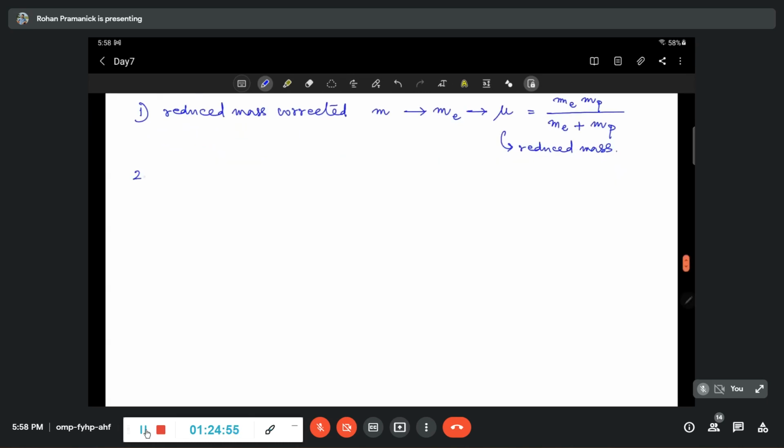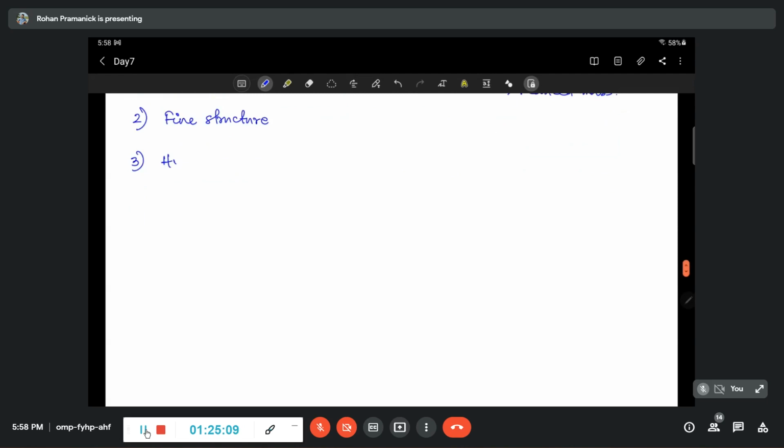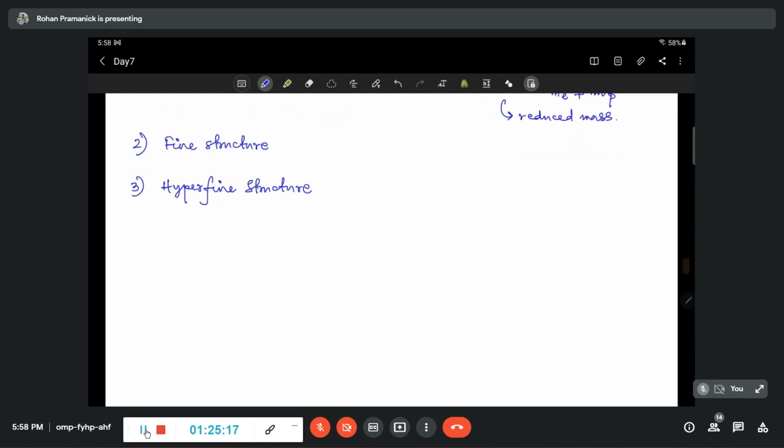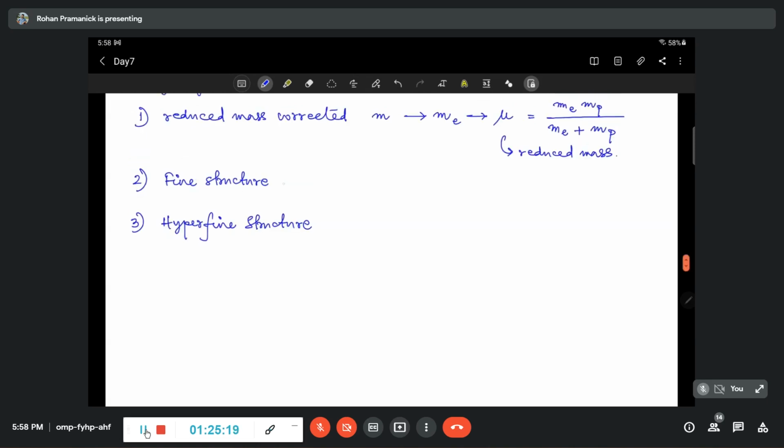Yes, and then we are doing the fine structure. This is the important part. I will explain what fine structure is, and then there is the hyperfine structure. This fine structure is composed of two things.